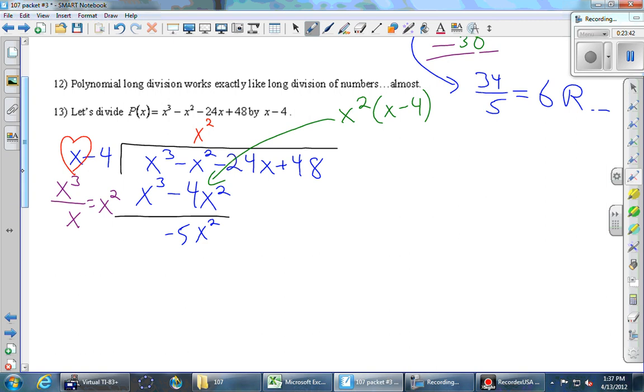Because it's so easy to make this mistake, I would encourage you to put a big minus sign in parentheses. It's really, really easy to make that mistake. So we try again. That's a negative x squared. That's really a plus 4x squared. What is that? That is 3x squared. You win this round.